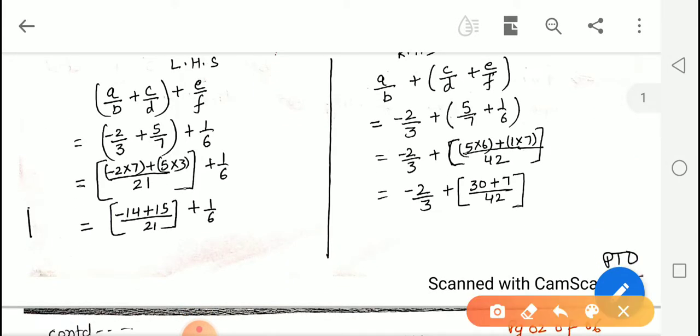Here we have put the values and solve this bracket first, like this, and this is our third number. After solving this, we get this step.